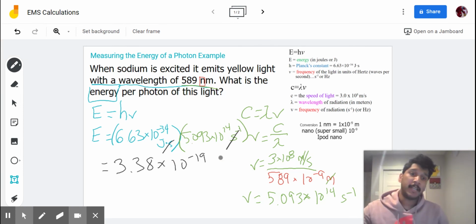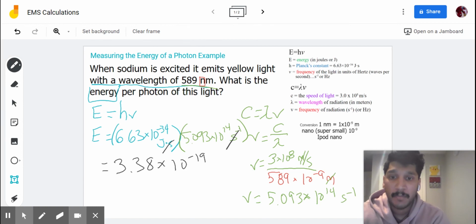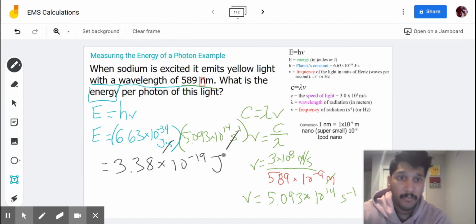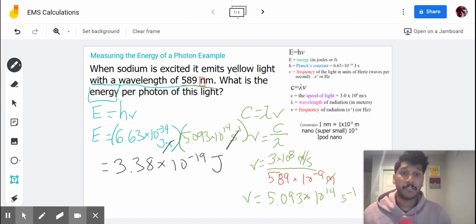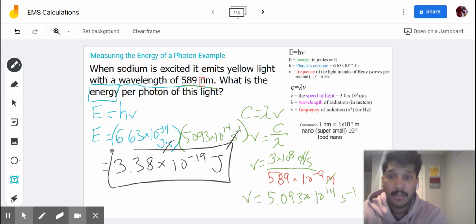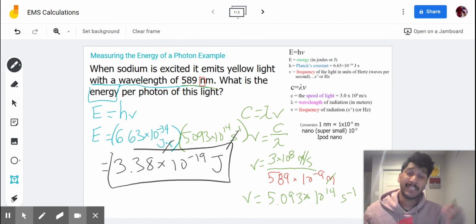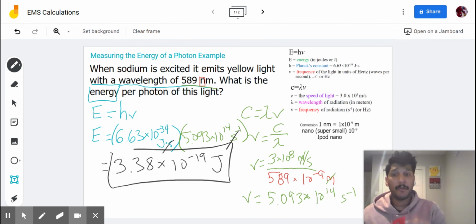I got that 1 second and then that per second, and that's going to be left with the unit J. If we look back over here, energy is always measured in joules, which is just that J. So my answer for the energy per photon for this yellow light is going to be 3.38 times 10 to the negative 19 joules.